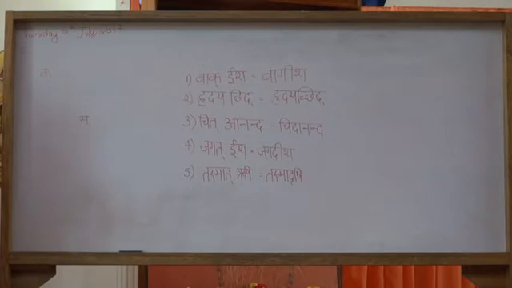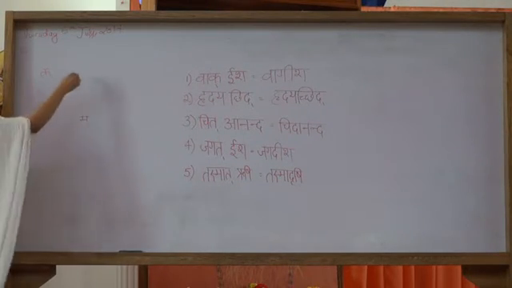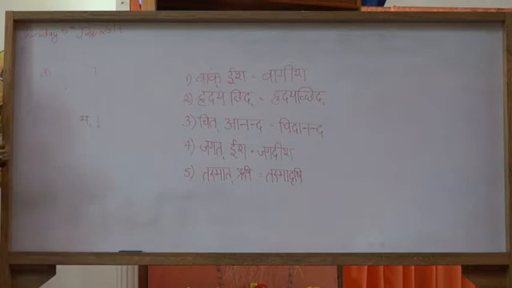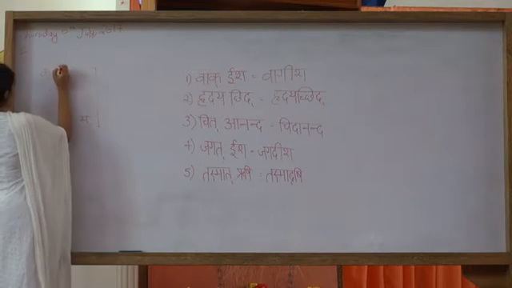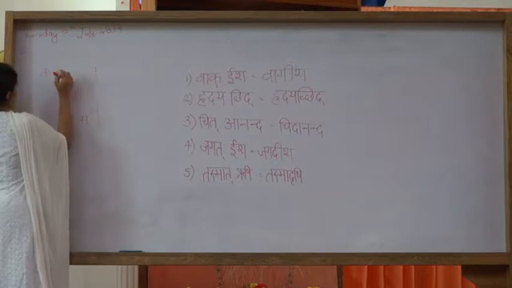So it includes the hard consonants and the soft consonants. You know how you have the K line, then the Ch line, the T line, and the P line, right? 5 lines it has. So all these 25 are called class consonants.